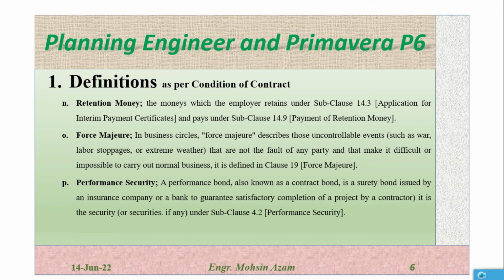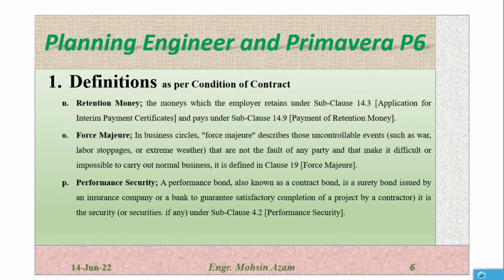So these unforeseeable events, which are not the fault of any party, create difficulty in carrying out normal business or completing the project. Force majeure is defined in clause 19 of the conditions of the contract.